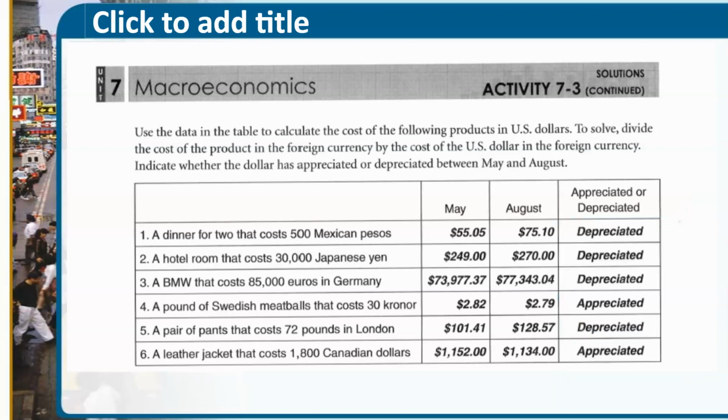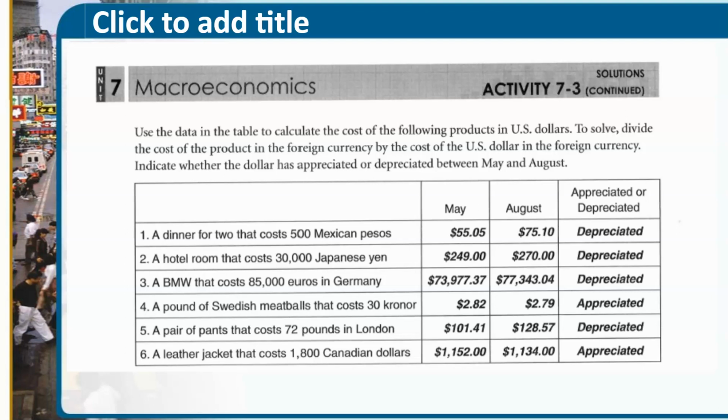And now, if you look here, you can see that in May we had a dinner for two that cost 500 Mexican pesos, which is $55.05. Now in August, it's $75.10 for that dinner for two. We can see that the Mexican peso has depreciated in relation to the U.S. dollar in terms of what is there.